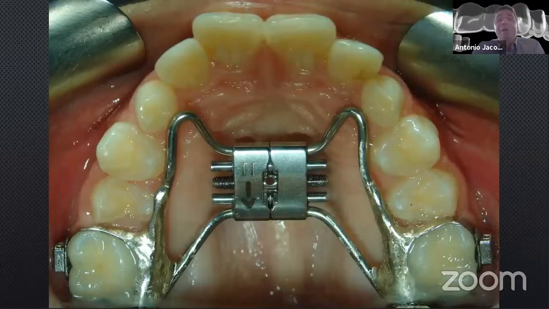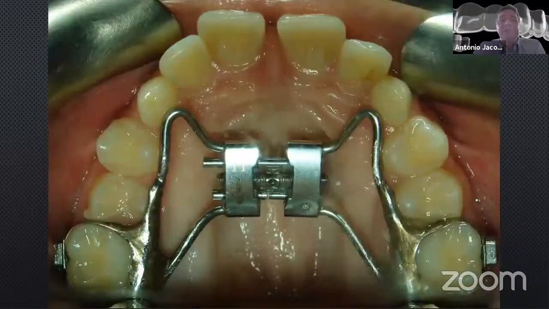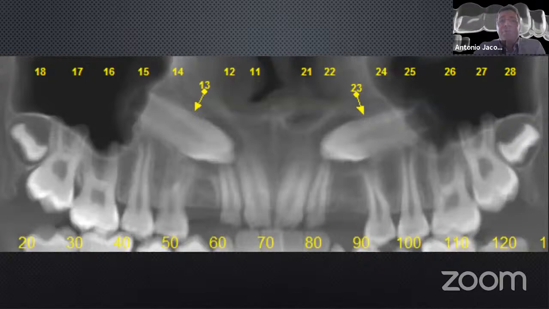So I just tried to open space using maxillary rapid expansion, and then we tried to open the space for these 2 canines, bringing the roots of the premolars towards distal and bringing the roots of the laterals towards mesial, and see if with this approach, maybe these 2 canines came into position.